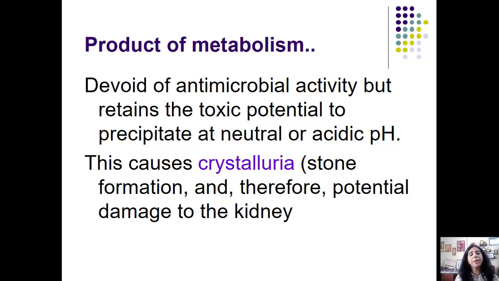They behave as if there is a stone formation, and therefore there is a potential damage to the kidney, which is expected. This is more seen with the older sulfonamides, less seen with the newer sulfonamides, but nevertheless anybody who is taking sulfonamides should see that the urine is alkalinized. It is not acidic, because acidic pH favors the development of these crystals, which could be harmful to the kidney in the long run. They may precipitate stone formation.